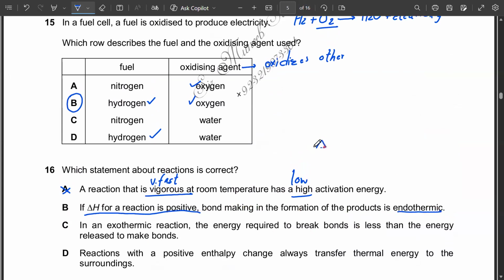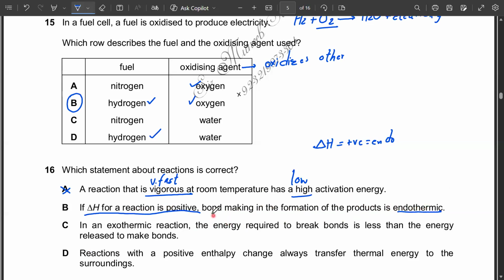Delta H for an endothermic reaction has a positive value. It's positive and it's endothermic. But the words are not correct here. It says delta H is positive, but it does not say the reaction is endothermic. It says bond making in the formation of products is endothermic.